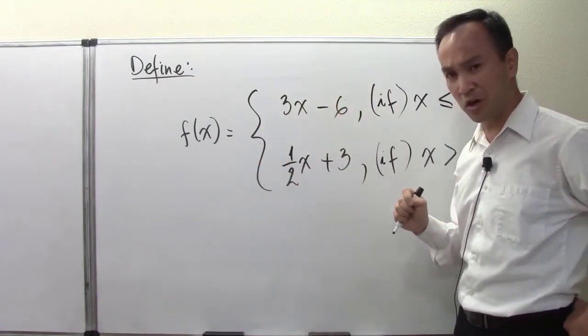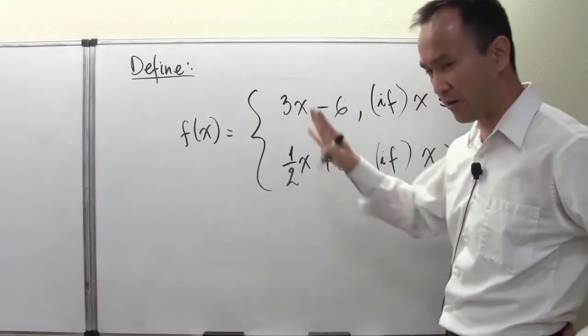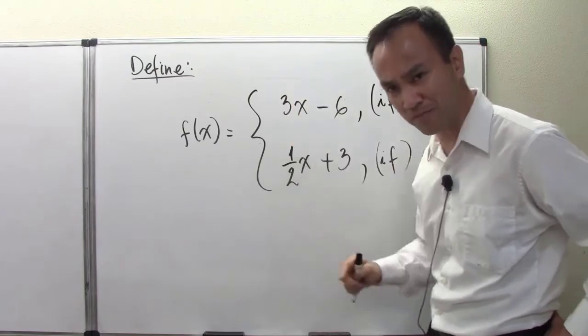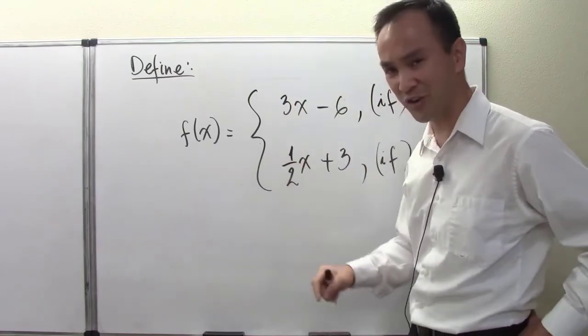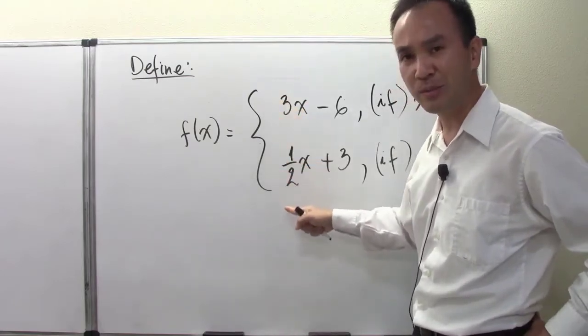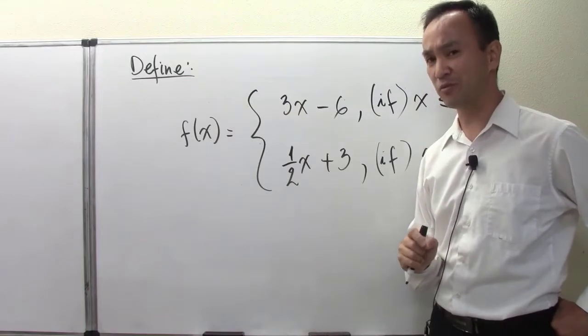When you're reading a function in standard notation, here's what it says. It's not only one rule. This function has two separate rules.